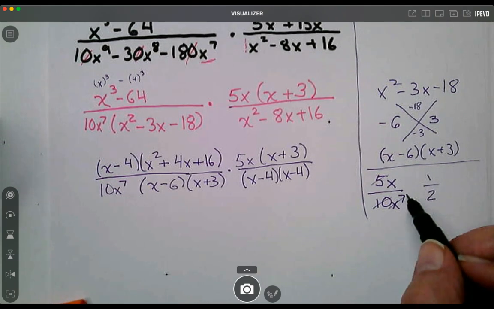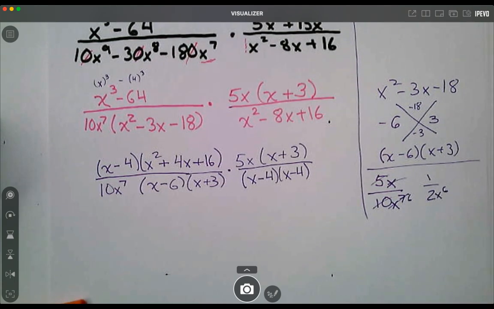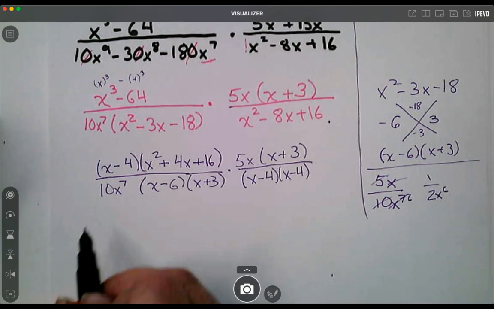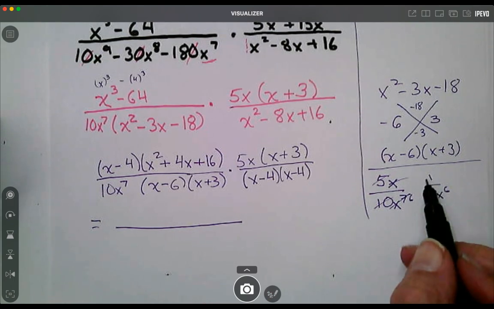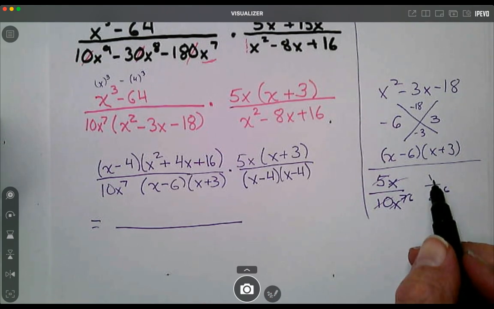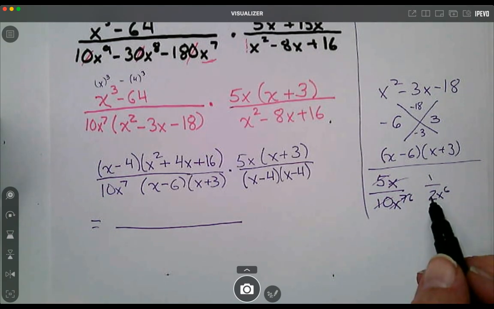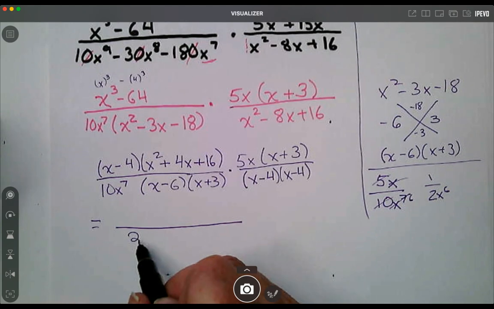Subtract exponents, and that gets me x to the 6th. So when I come over here, I'm not going to write this 1 in the numerator. The only time I have to put a 1 in the numerator is if there's nothing else in the numerator. But there's going to be other stuff. So I'm going to write my 2x to the 6 right here.